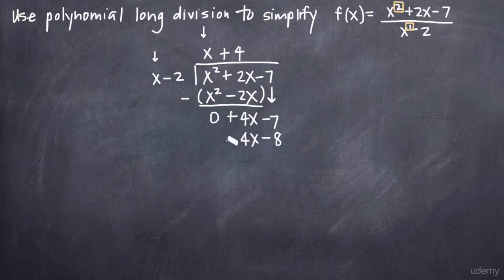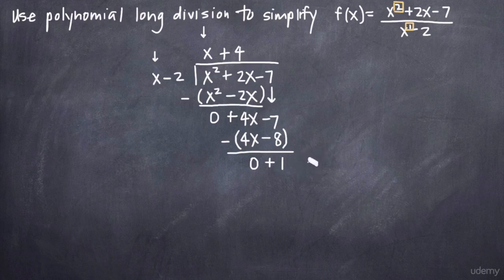Then we do the same thing we did in the last step where we subtract this quantity from the quantity above it. We get 4x minus 4x, which gives us a 0. And then we get negative 7 minus a negative 8. In other words, negative 7 plus 8, which gives us a plus 1.